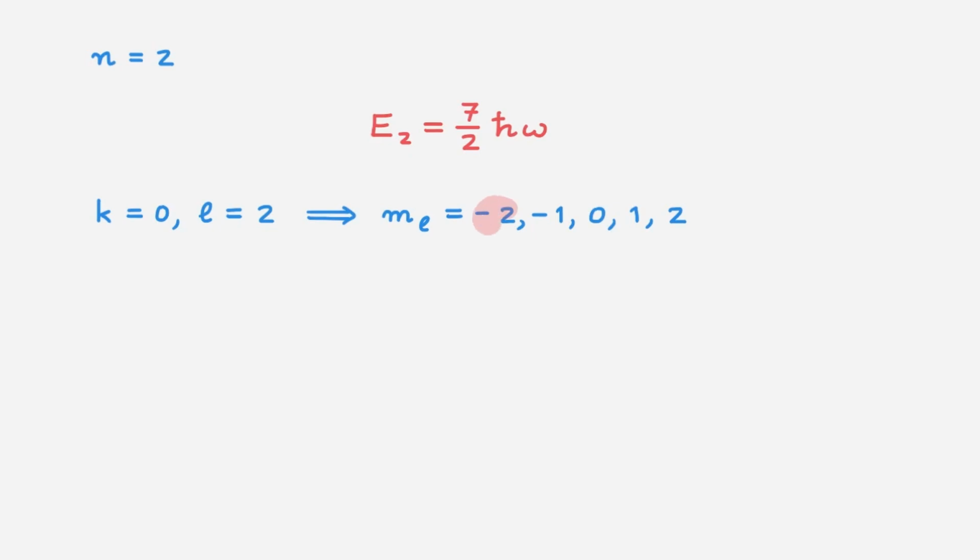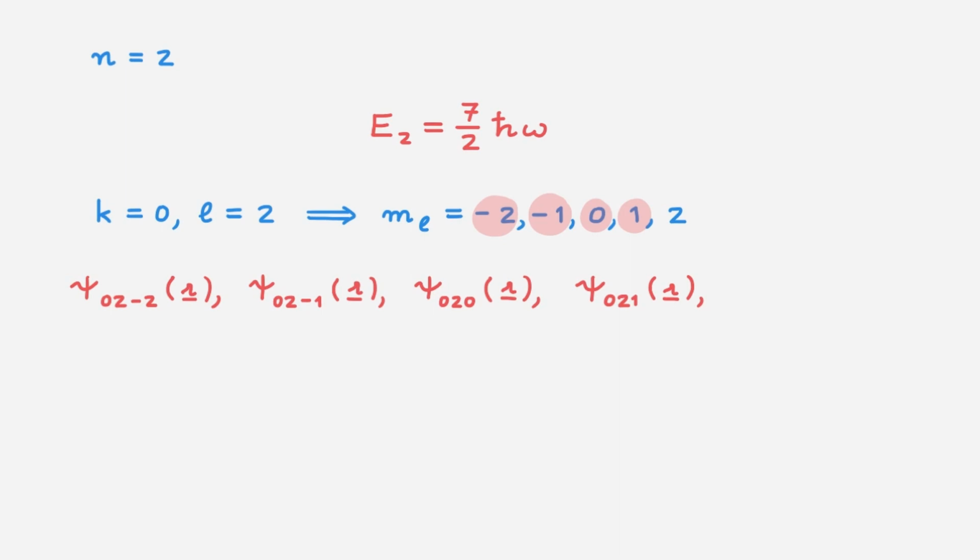For m_l equals -2, we get psi 0,2,-2. For m_l equals -1, we get psi 0,2,-1. For m_l equals 0, we get psi 0,2,0. For m_l equals 1, we get psi 0,2,1. And for m_l equals 2, we get psi 0,2,2.